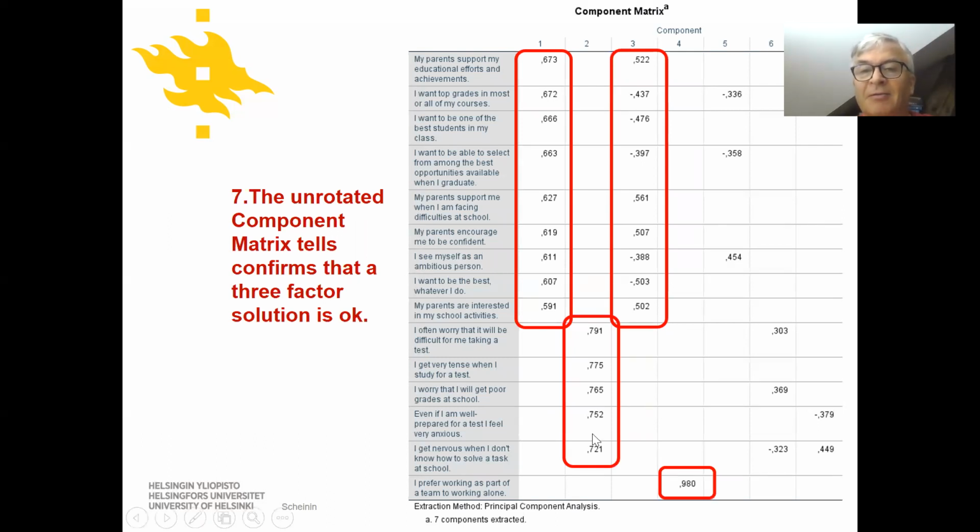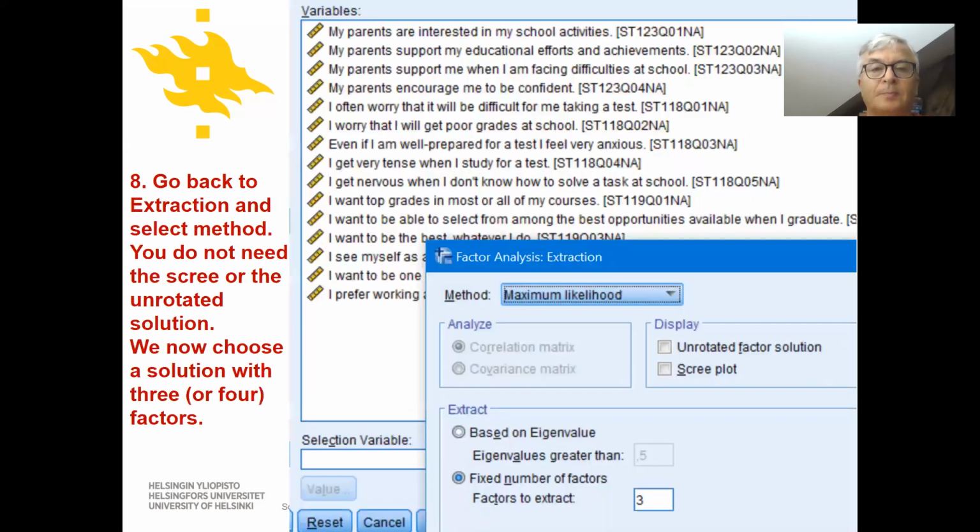But very little stuff going on as for a fourth, fifth, and sixth, and so on component. So the explanation we get here is simple and can be simplified. Now we have decided, let's say, on 3 factors.